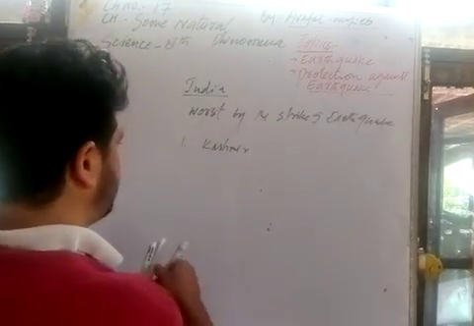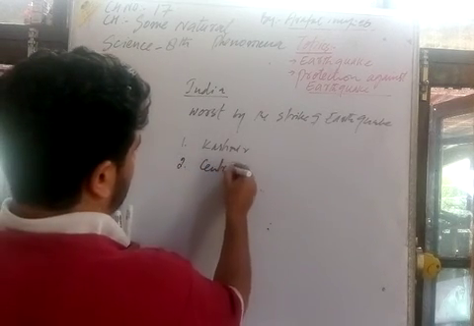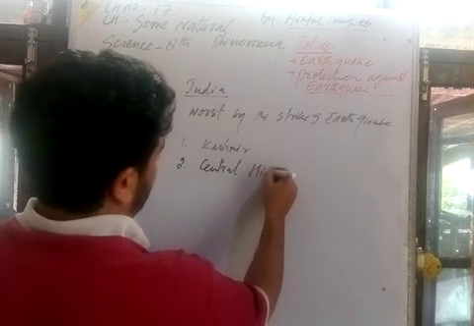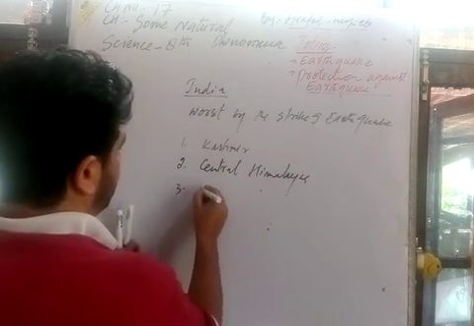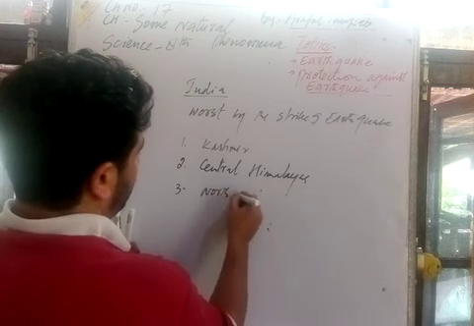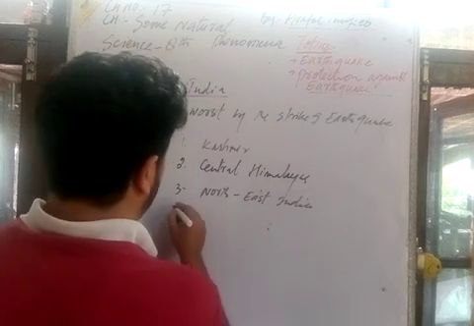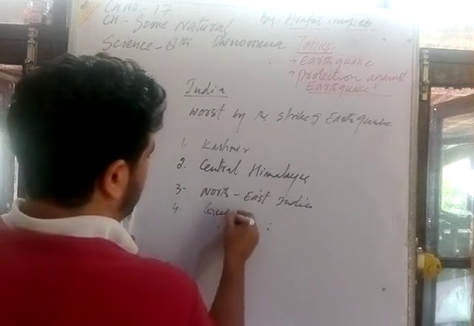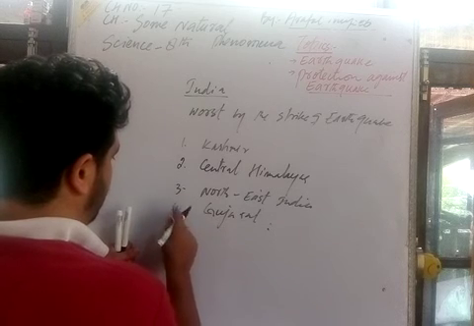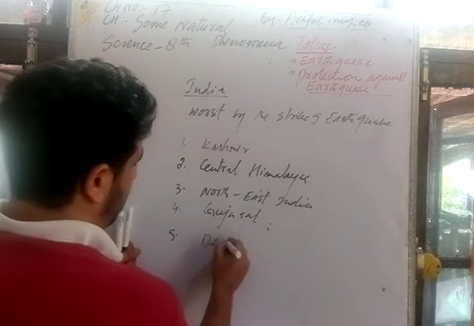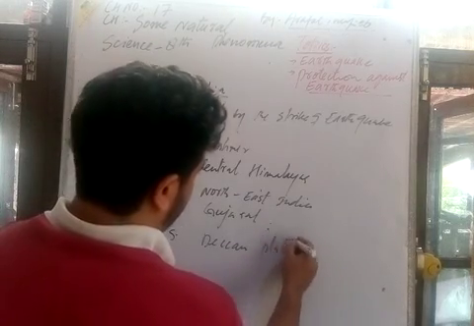First one is Kashmir, then second the central Himalayas, third the northeast India, then Gujarat, then the fifth, the Deccan Plateau, the southern part of India.